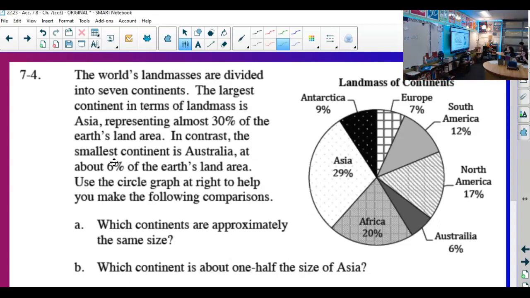Minerva, which continent is about half the size of Asia? Because I did math. No, for real, take a moment to think about this.